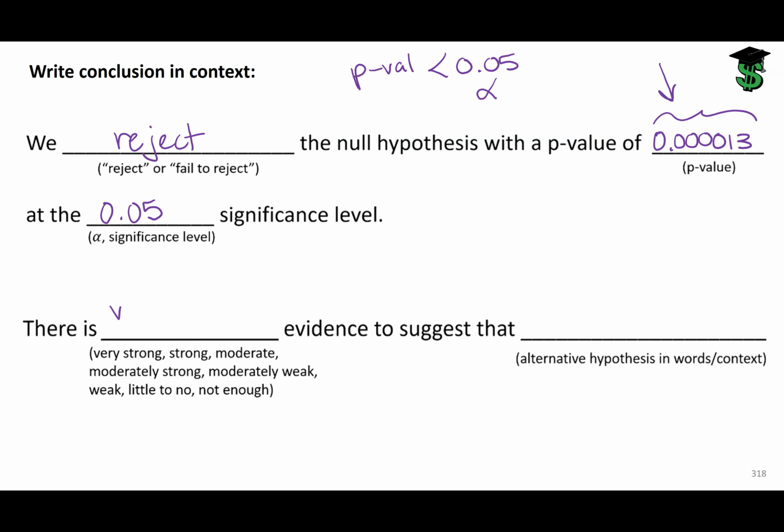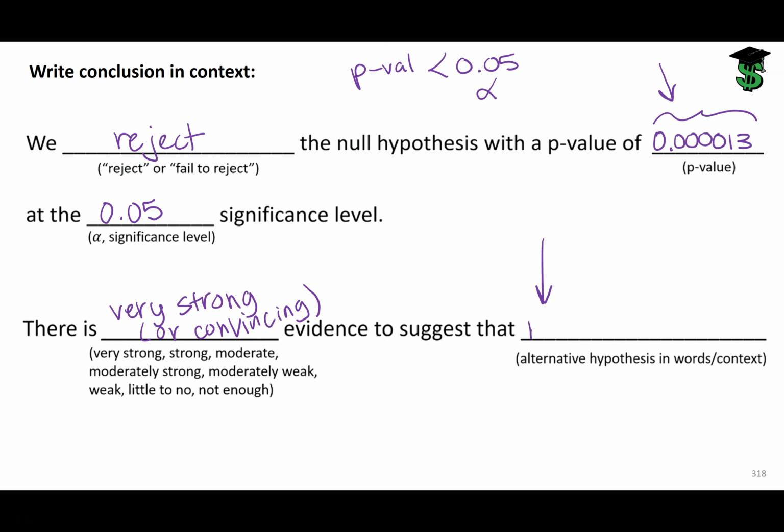So you could say there is very strong, you could even say convincing evidence to suggest that. And now we have to put the alternative hypothesis in words, in context.